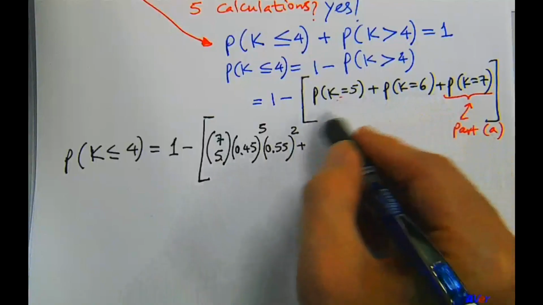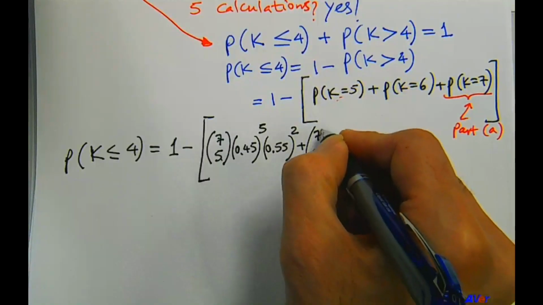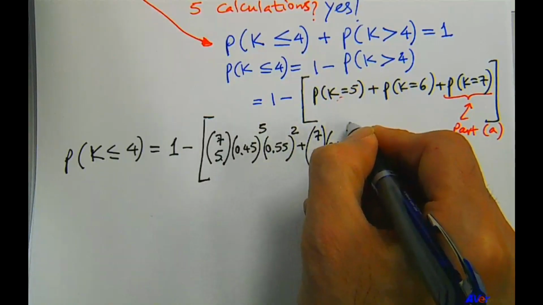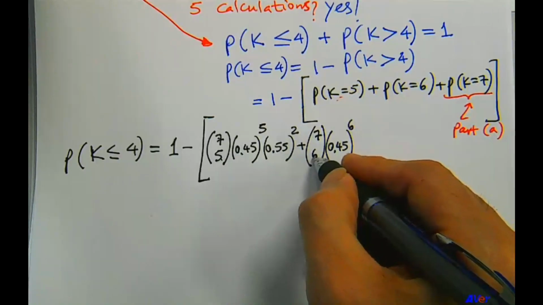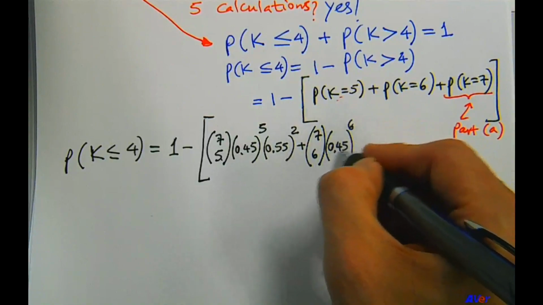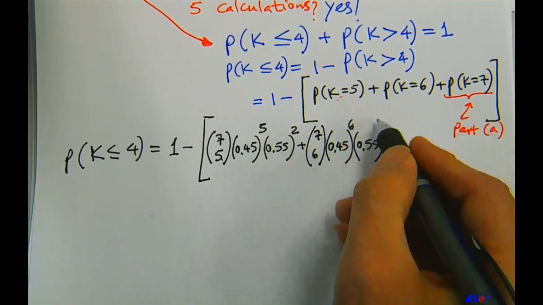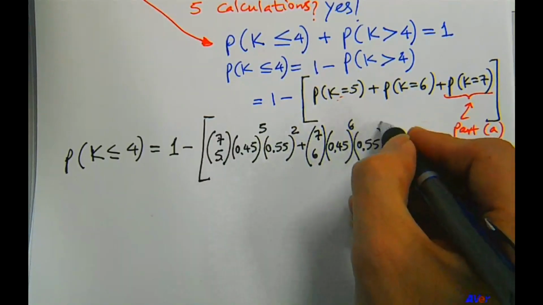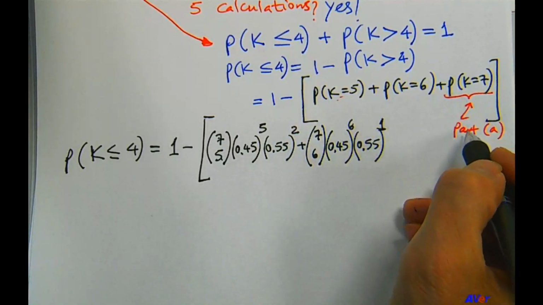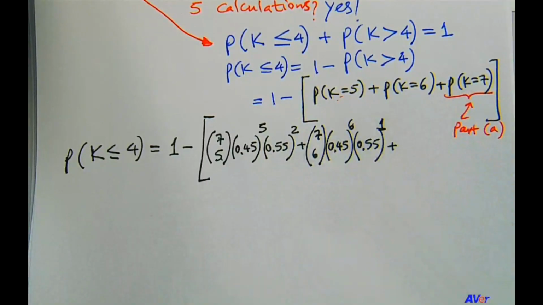Let's write the binomial probability model for this one, k equals 6. So that would be 7 choose 6 times 0.45 to the 6th power, right? That's the number of successes for this one. So it becomes the power of the probability of success times 0.55 to what power? 7 minus 6 is 1. And of course, plus whatever we found from part A for k equals 7.